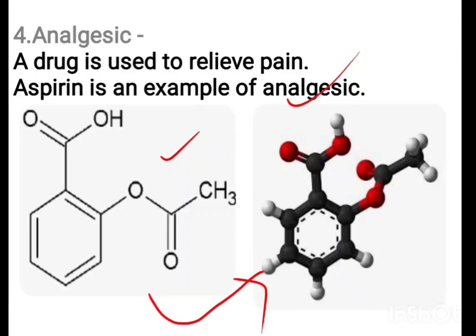Now all these black balls are carbon, these white balls are hydrogen, and these red balls are oxygen. By this way we can justify this structure.